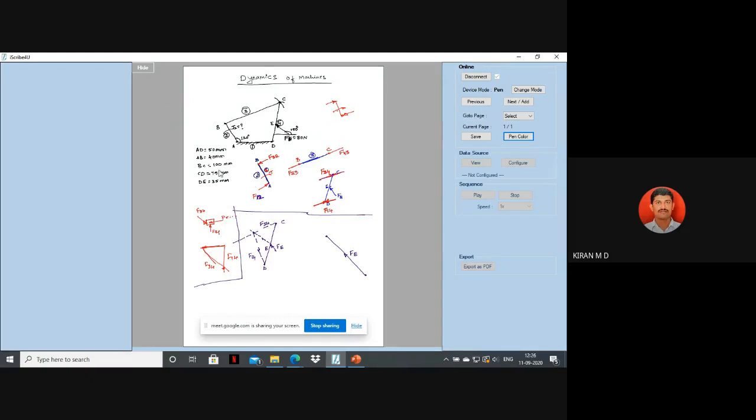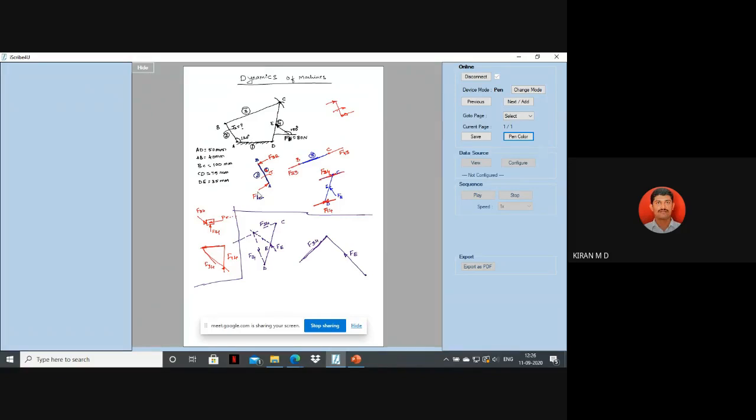We know the direction. From this point, you draw the line. This is the line of F34.